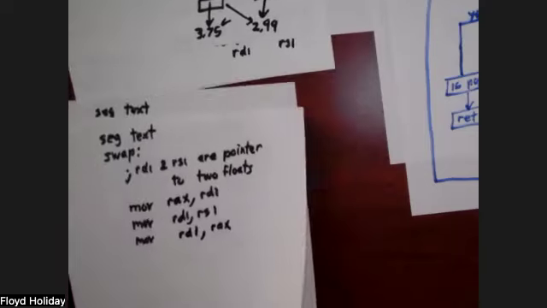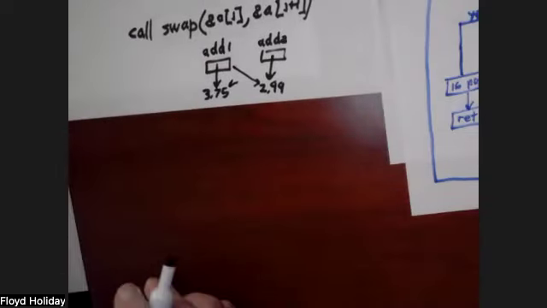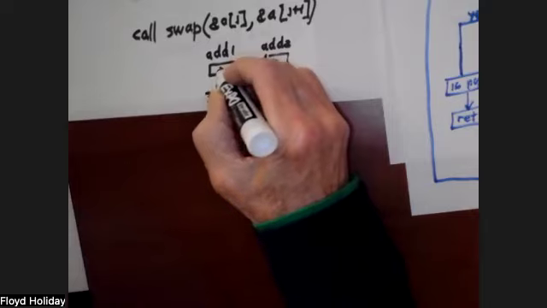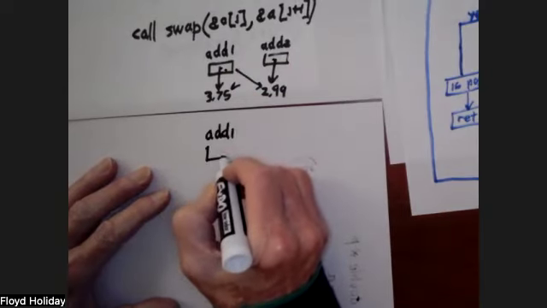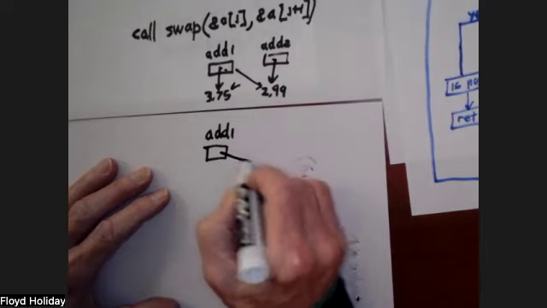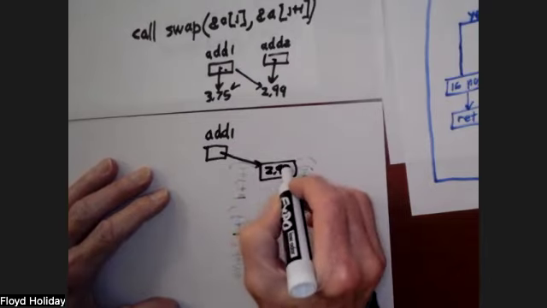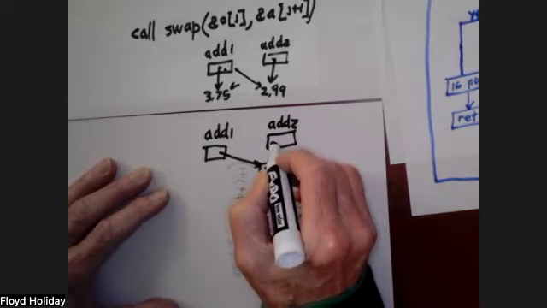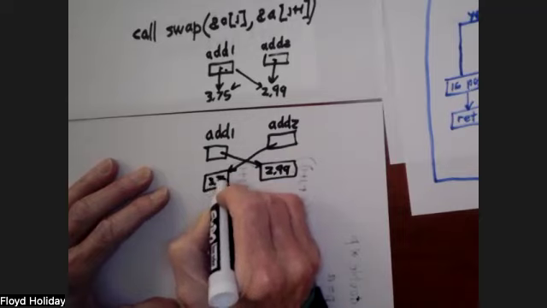Do I have it? It's this picture up here. After this number has been placed in here, and this number has been placed in here, the picture is now that the first address points to this one, 2.99, and address 2 points to this one, which is 3.75.